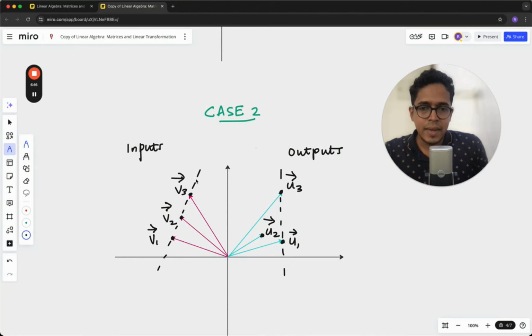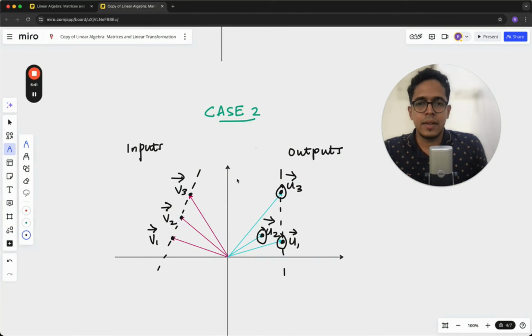So the straight line over here got transformed into something that is not a straight line, because we cannot draw a line between this point and this point; they do not lie on a straight line. But the origin is still intact. The input vectors have 0, 0 as the origin, and outputs also have 0, 0 as the origin.